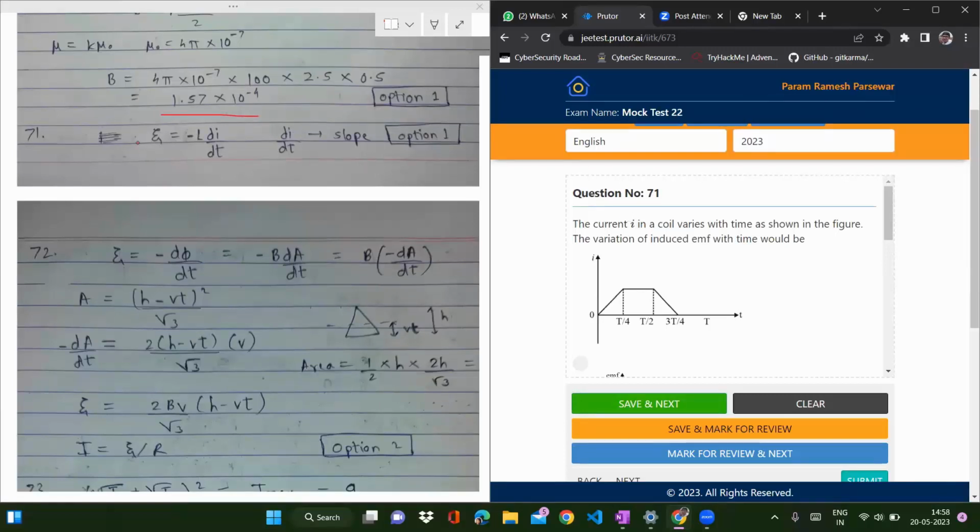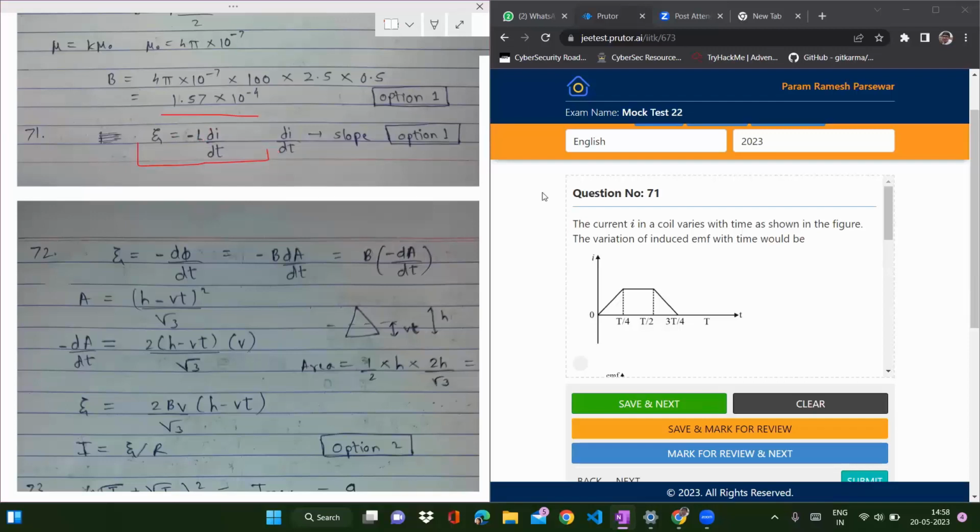So the induced EMF, denoted here by E, equals minus L di by dt, where L is the self-inductance and di by dt is the rate of change of current. It is minus because this induced EMF will try to oppose the change in current.